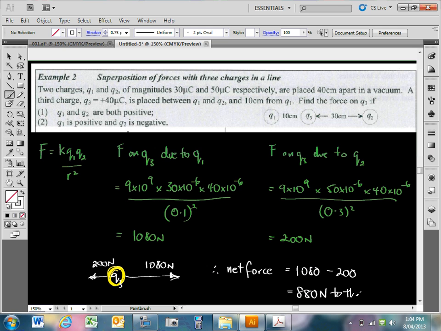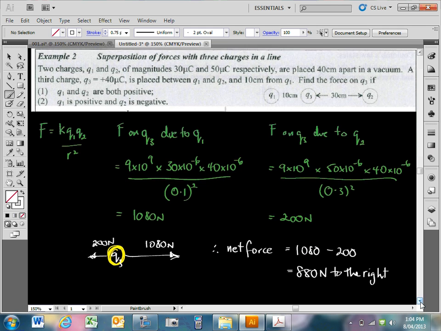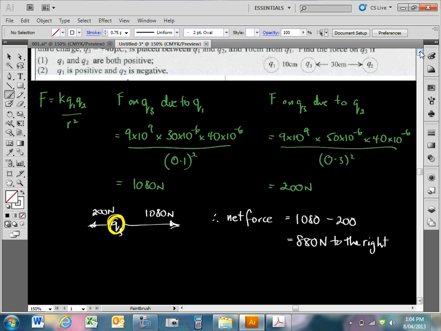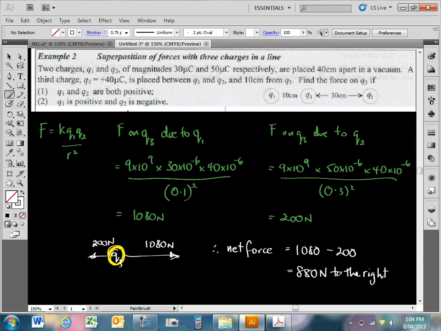Very good. To the right. You have to give a direction. Remember forces are vectors. Yes, absolutely. Nothing wrong with towards Q2. In fact, I'll do it for the next one. So that's part one.